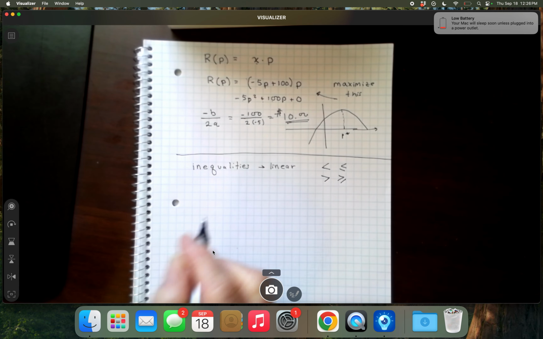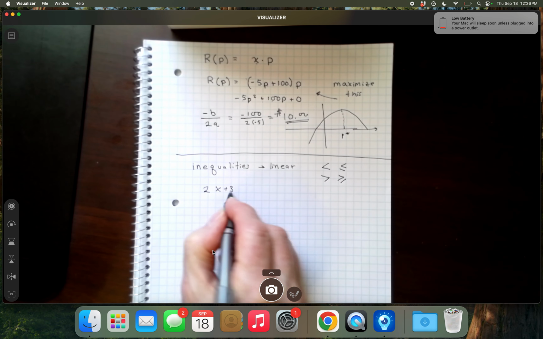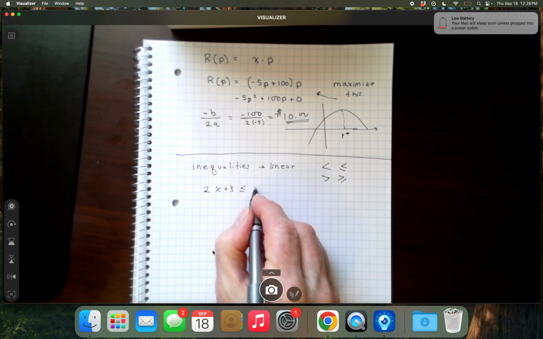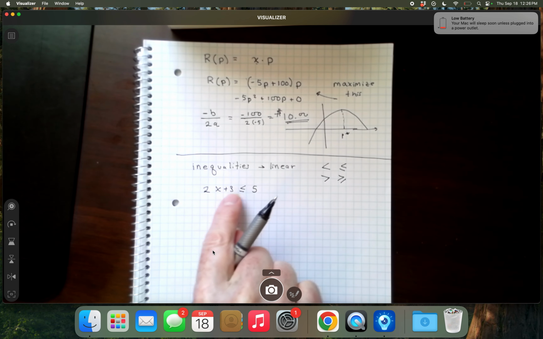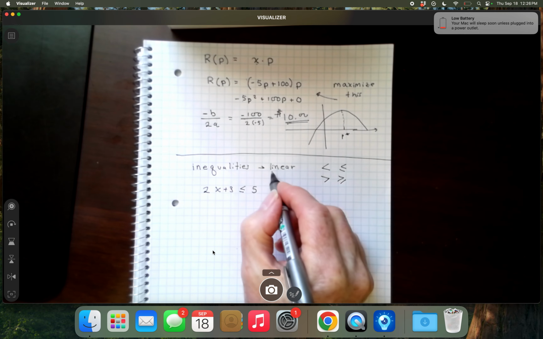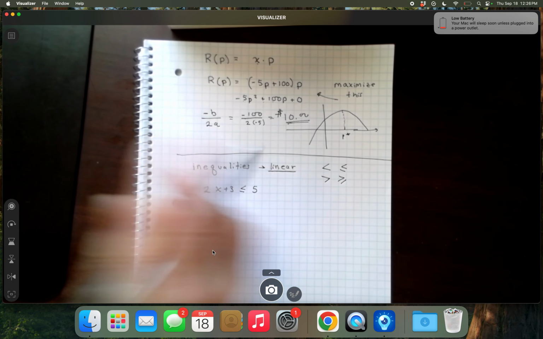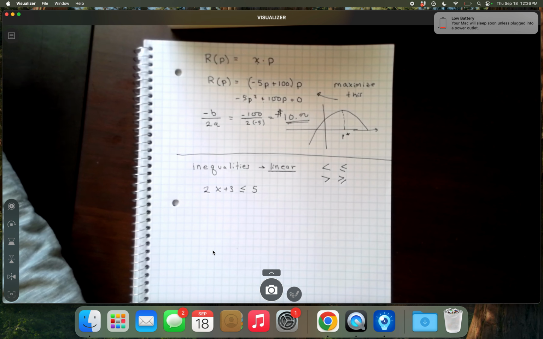And if you have an expression like 2 times x plus 3 less than or equal to 5, it's not an equation. That's called an inequality. So linear inequalities are solved very similarly to solving linear equations, with a few exceptions.